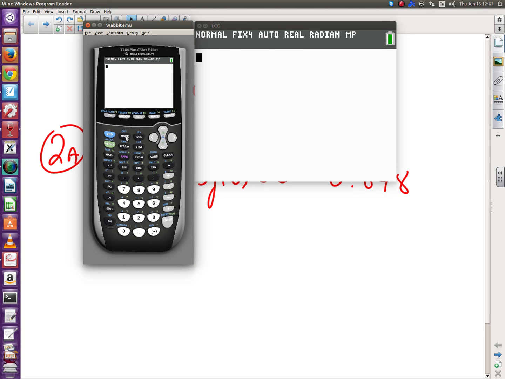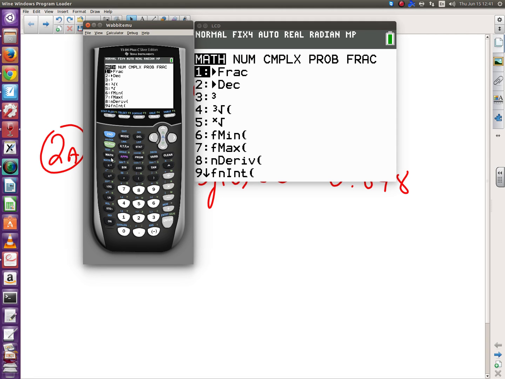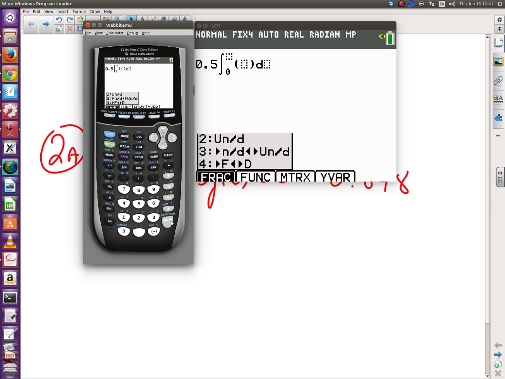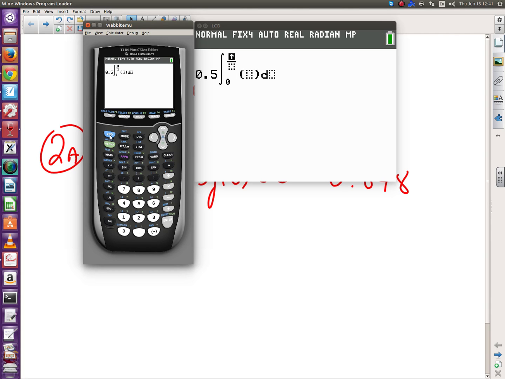It's going to be 0.5 times the integral, math 9, from 0 to pi over 2. You could write pi divided by 2, or alpha y equals 1 and put the control caret for pi there over 2, just to make it look nice. Of the function, which was 1 plus sine theta times cosine 2 theta, quantity squared.